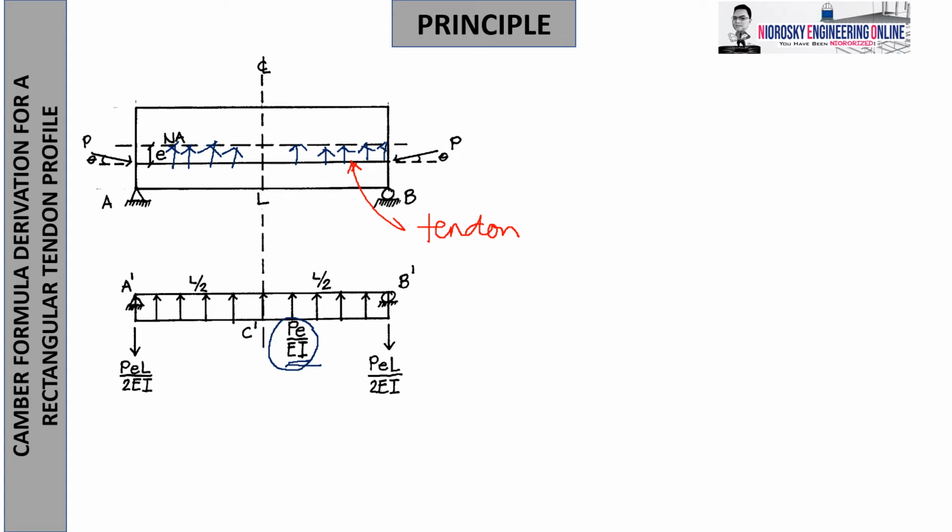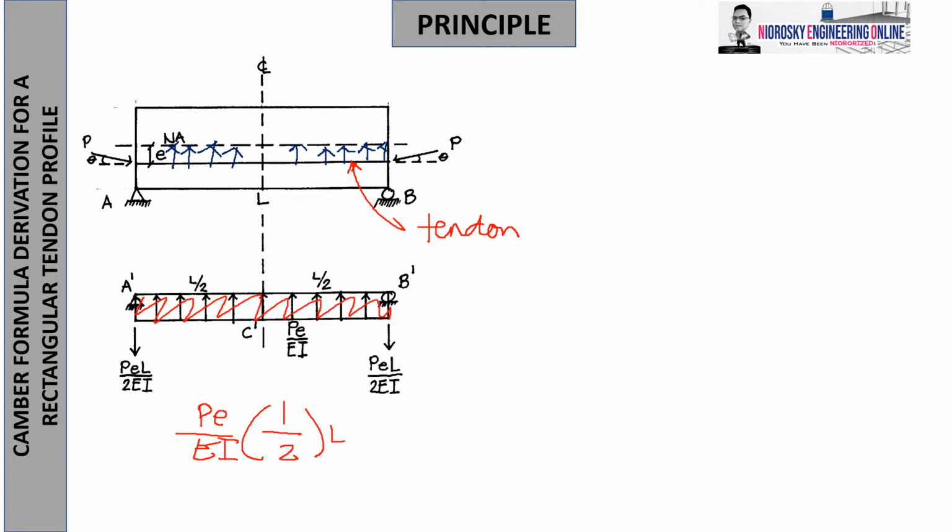Now, there will be fictitious reactions at A' and B'. Again, it is just a simply supported beam with fictitious reactions. As if you're solving a simply supported beam, the reaction can be computed as half of the area of the load, which is PE over EI, times 1/2 of course, times L, because you have to multiply this area and divide it by 2, like in statics.